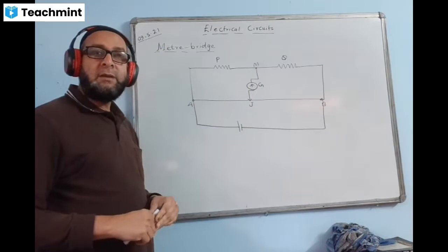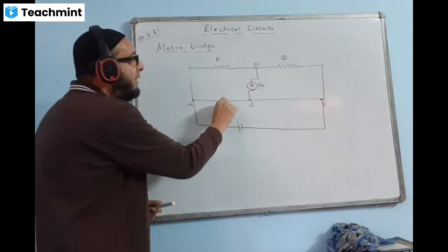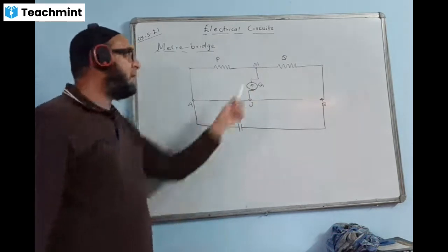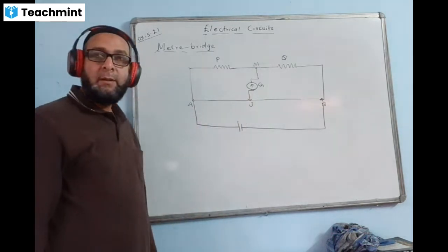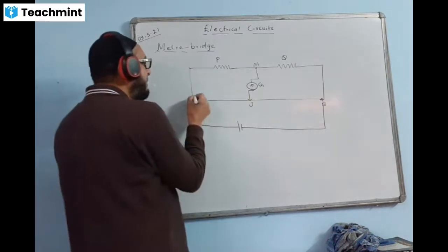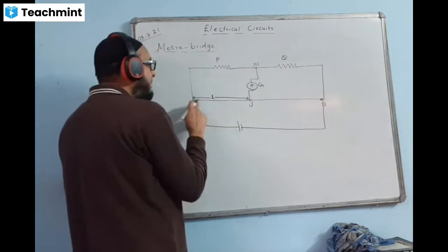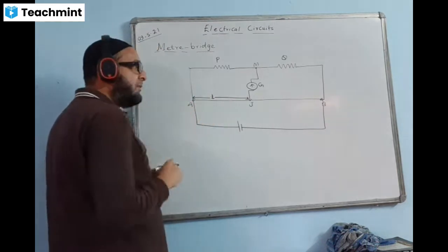When the galvanometer gives null deflection by sliding the jockey to a particular point on the wire, then this bridge is said to be balanced. Suppose the length at which null deflection takes place, on this side, is L. This length L is called the balancing length.